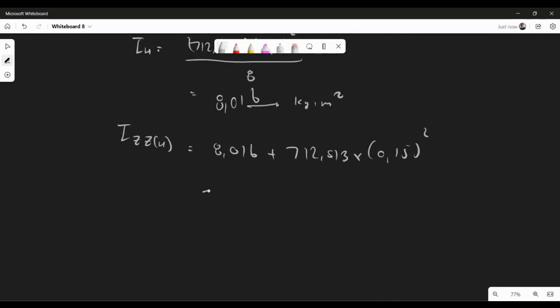And if you do this, what do you get? I'm working it out with you now. You get 24.0473 kilogram meter squared. You guys agree? And what's the next thing we need to do once we have this?